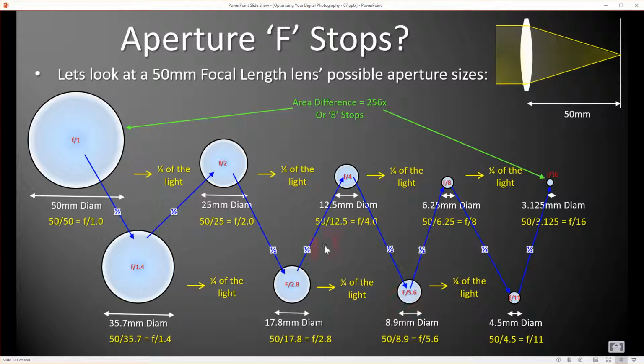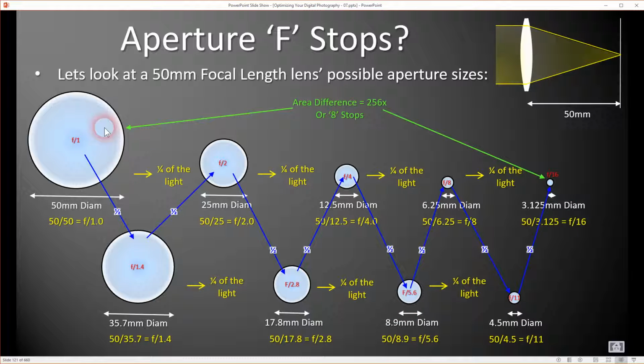And you'll notice that you can work these out in your head really. You know, f1, f2, twice f2 is f4, twice f4 is f8, twice f8 is f16. And we can go this way as well: 1.4, 2.8, 5.6, f11. So you can work out each individual f-stop if you so desire.